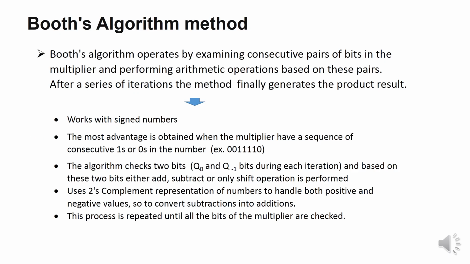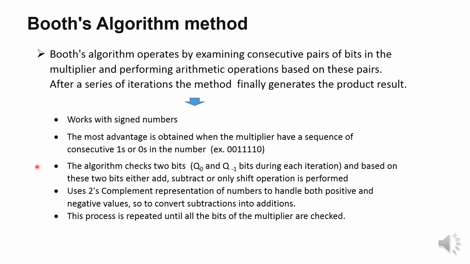The main advantage of Booth's algorithm is obtained when the multiplier has a sequence of consecutive ones or zeros in the number. For example, here, where the number contains a series of consecutive ones.